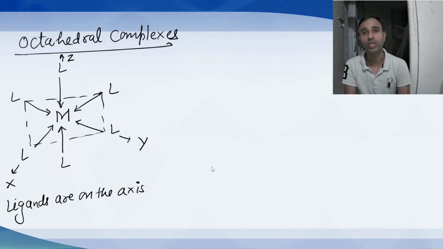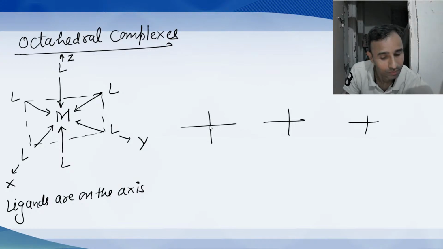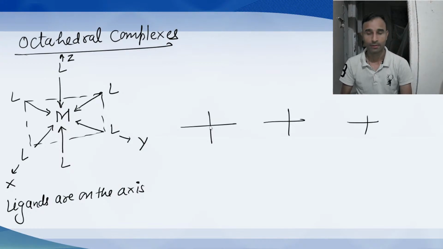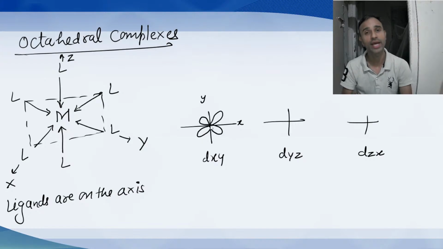Now, what about the shapes of d orbitals? Now the shapes: dxy, dyz, dzx. In dxy, the lobes are in between the x and y axes.